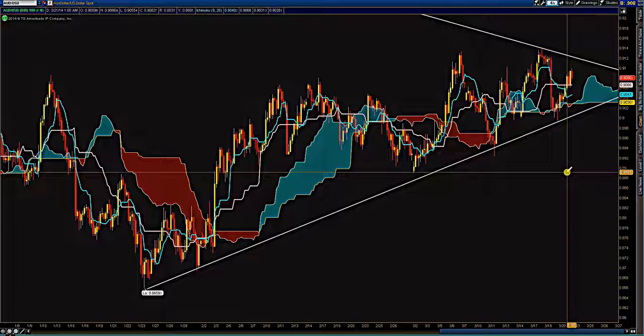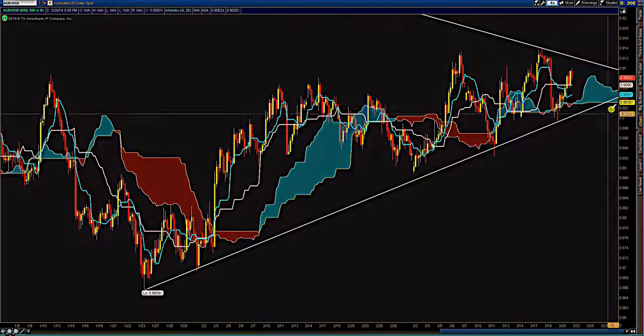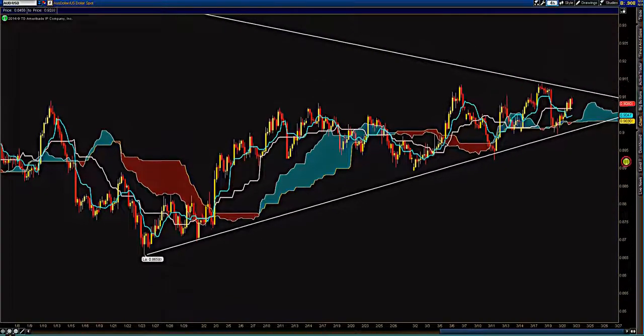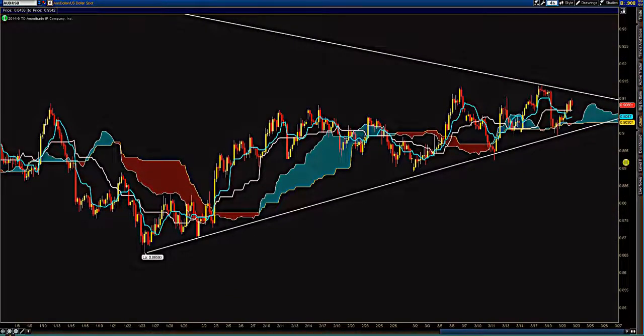So you want to get yourself familiar with what pairs work well with the Ichimoku. And my next video that I will create is actually going to be using the Ichimoku with pivot points and trend lines, and how to come up with an effective trading plan to have a good success rate.